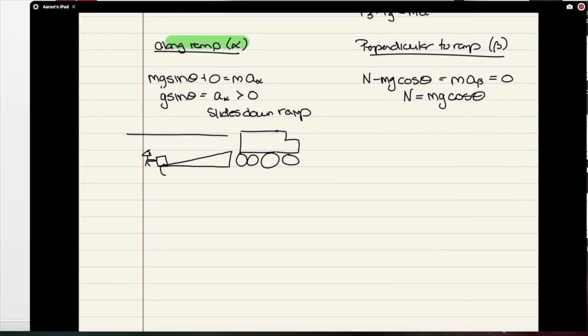Let's assume the box has a mass of 20 kilograms. The ramp is not that steep so that it is manageable for you. It's only 15 degrees. And the height of the ramp is 2 meters.